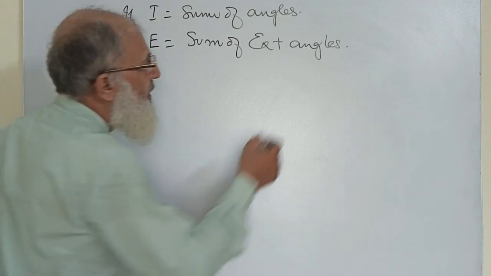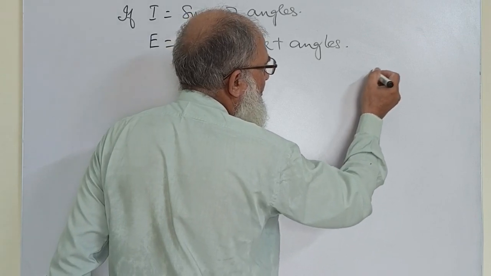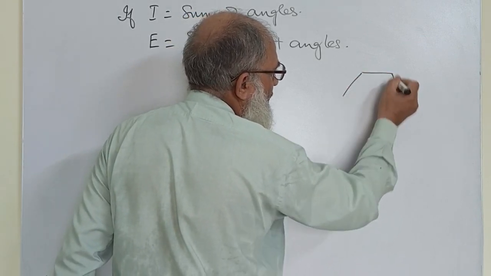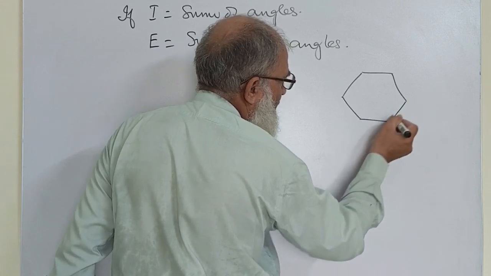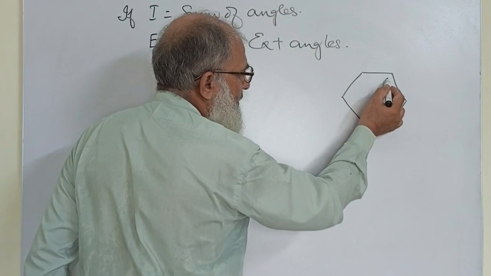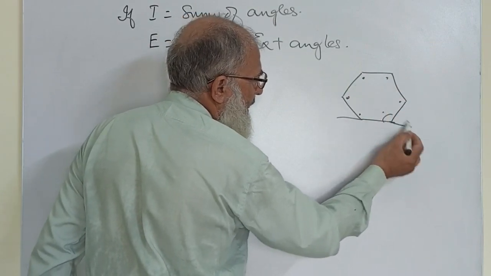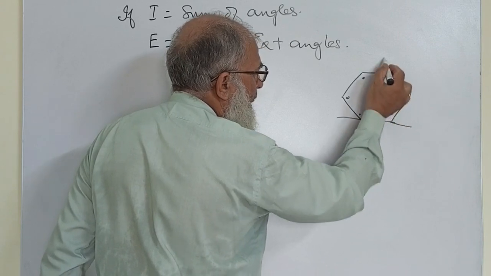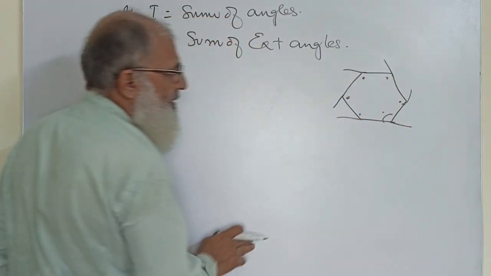Just to recap, if this is a polygon, these are the interior angles, and these are the exterior angles.